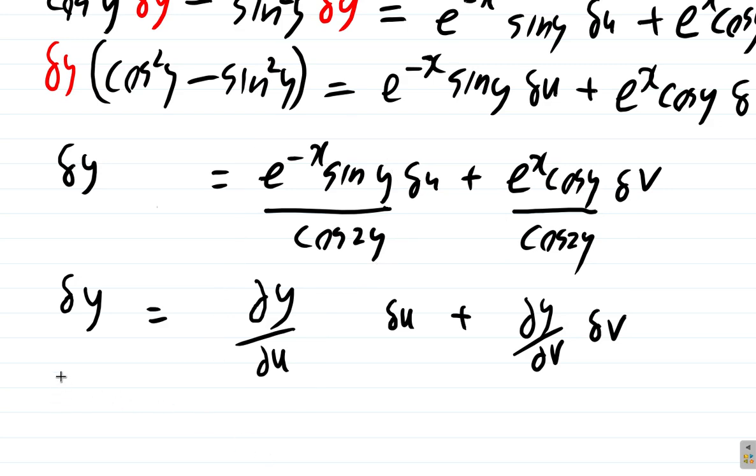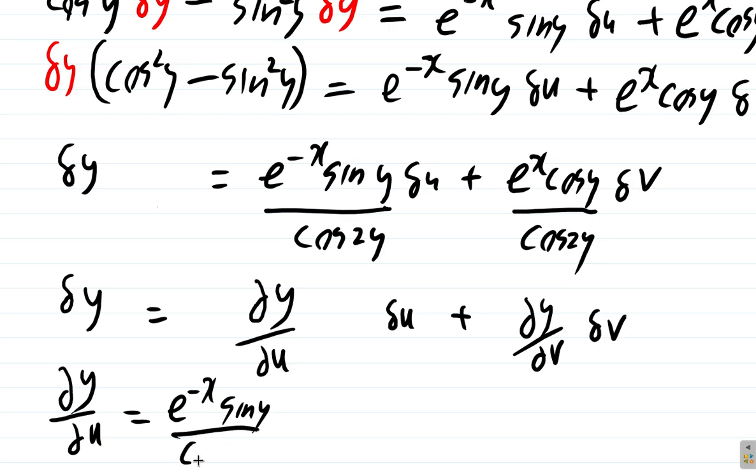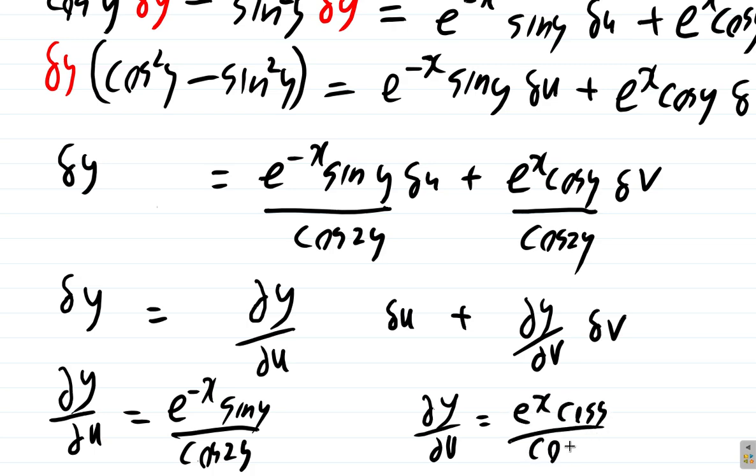So what it means then is that delta y by delta u is equal to e to the negative x sine y over cos 2y. And delta y by delta v is equal to e to the x cos y over cos 2y.